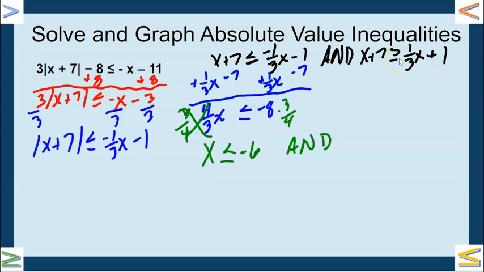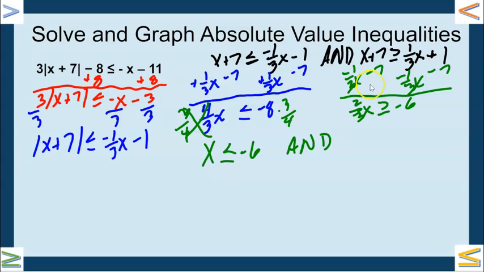I'm going to get my x's to the left side. So I'm going to subtract 1/3 x. That means I don't want the 7 here, so I'm going to subtract 7. And that's going to give us 1 minus 1/3 is 2/3. x is greater than or equal to 1 minus 7 is -6.